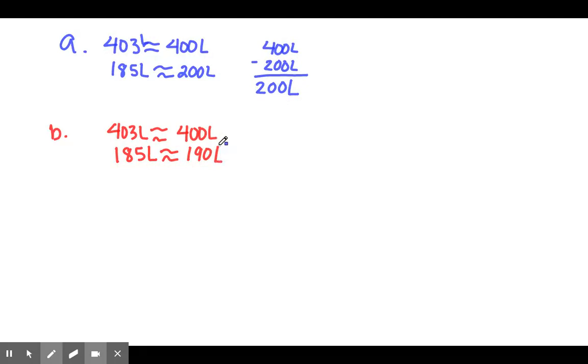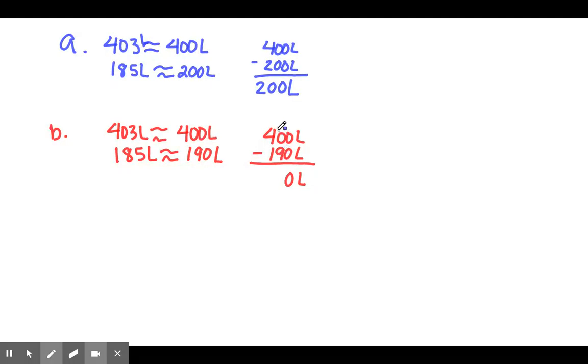So now I'm going to subtract 400 liters minus 190 liters. Now you could have used different strategies on your subtraction, but I'm just going to use the regular algorithm here. So 0 minus 0 is 0. I know my unit's going to be liters. So now I have 0 tens minus 9 tens. Well, I'm going to have to borrow.